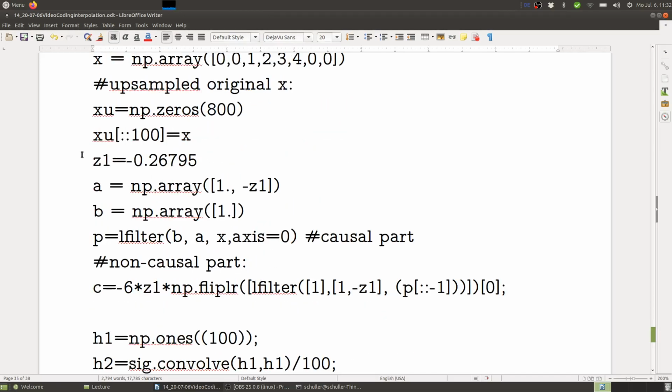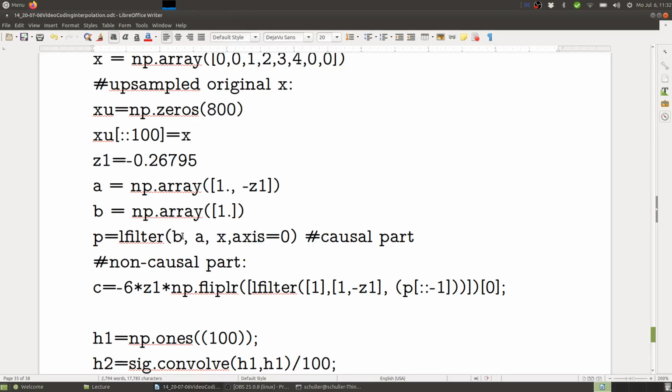Here we compute or set the constants for our filter to obtain the compensated image. Here we have the Z1. Here we have the recursive part. Here we have the FIR part, which is just 1 for lfilter.